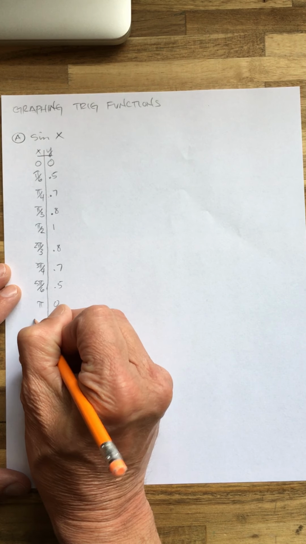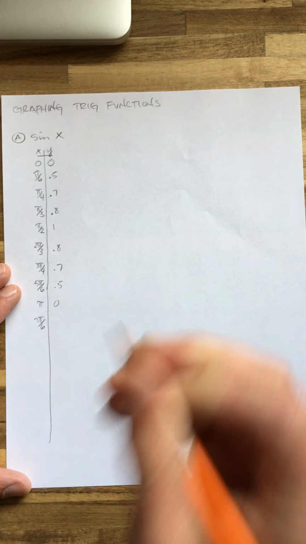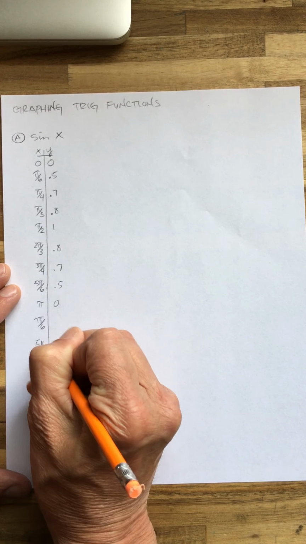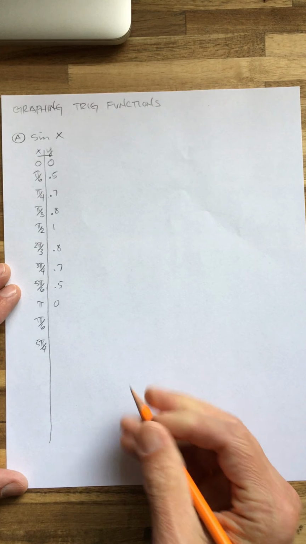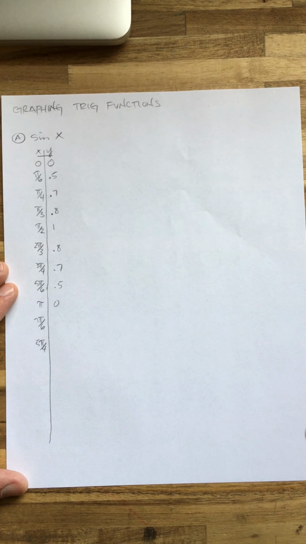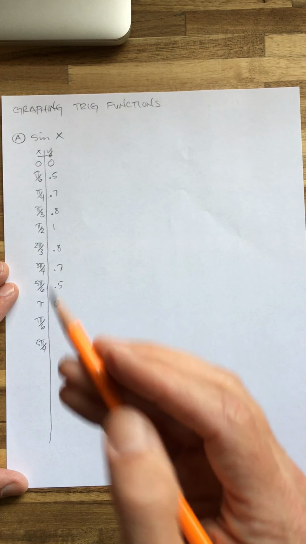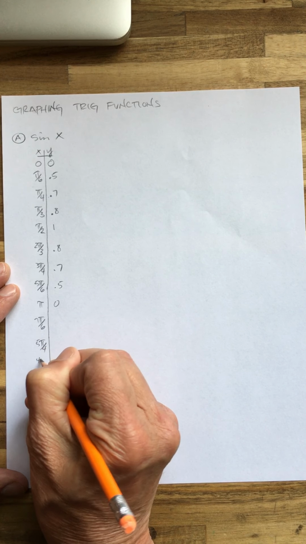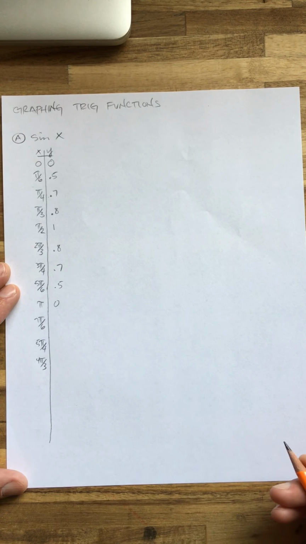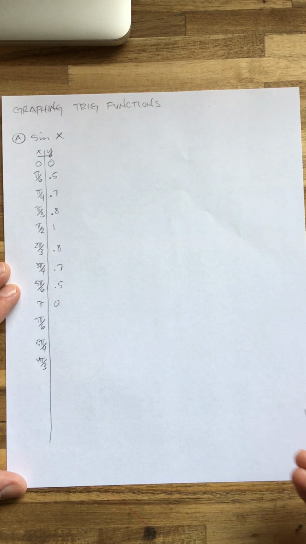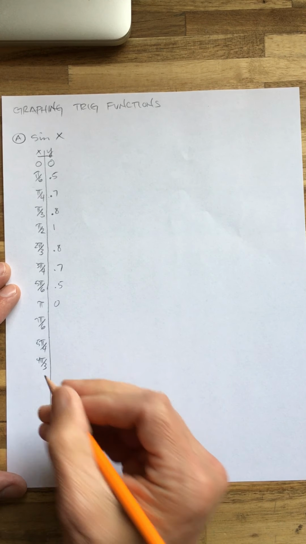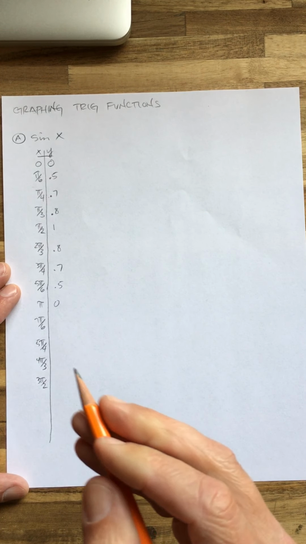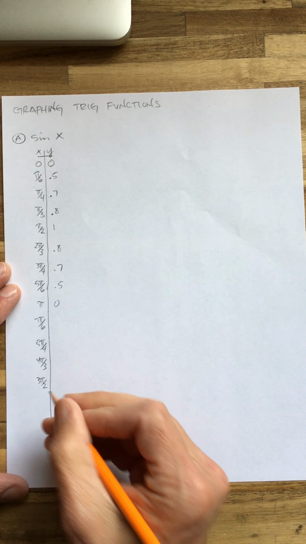So then what do we have after this? We have 7 pi over 6. Let me just list it this way, it'll make it easier. And then we have 5 pi over 4, and then 4 pi over 3. I think that's what it is. Yeah, 4 pi over 3. And then what do we have? 3 pi over 2, and then 5 pi over 3.